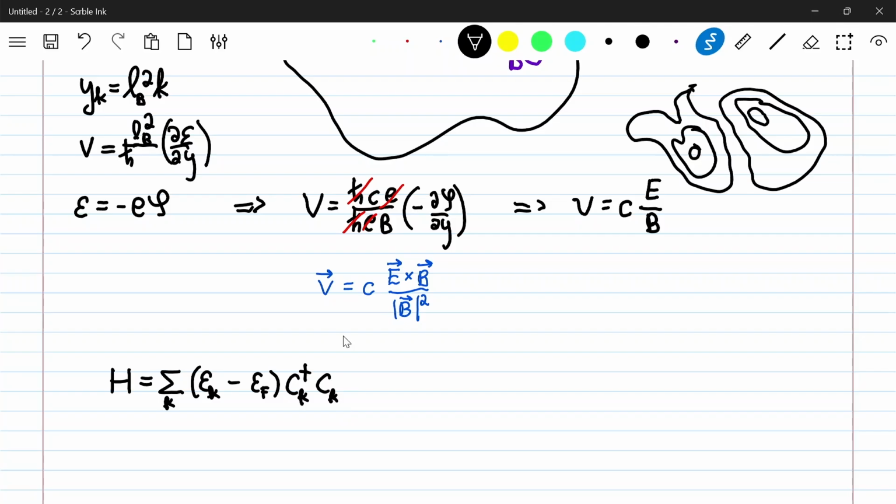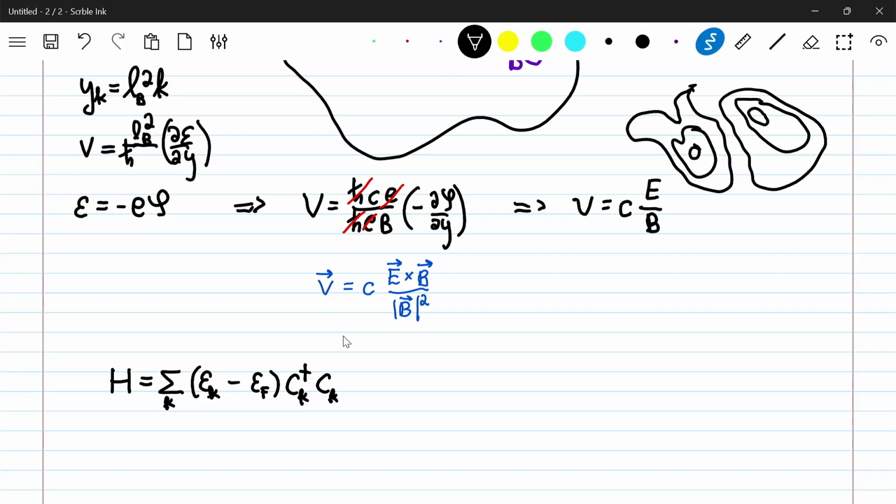These are just the second quantization. I'm writing it in second quantization. C_k and C_k dagger are electron annihilation and creation operators. And now epsilon of k is some dispersion that depends on the confining potential and so on.